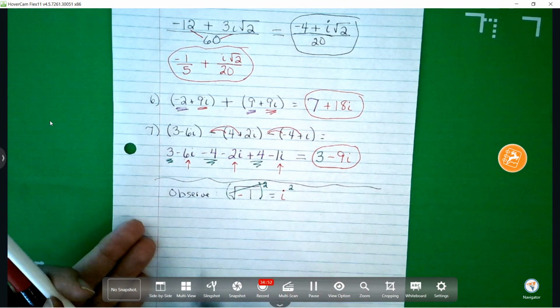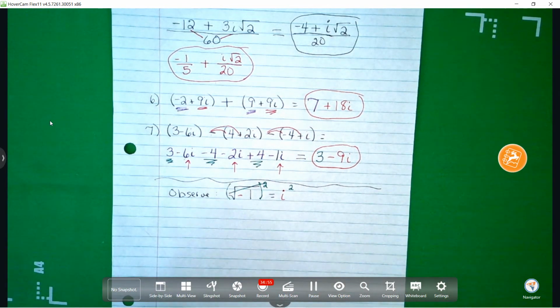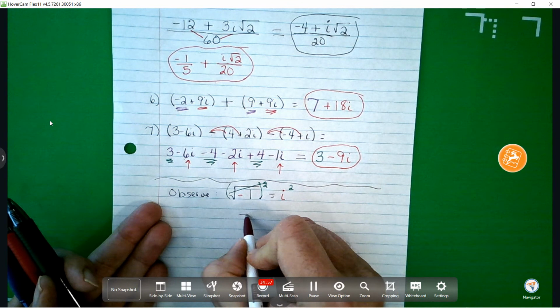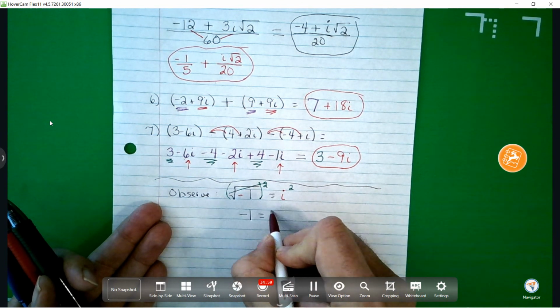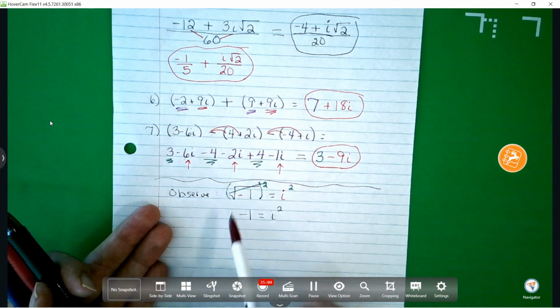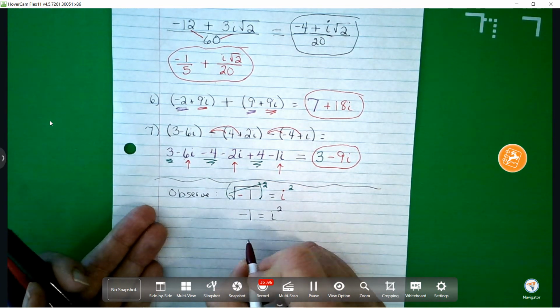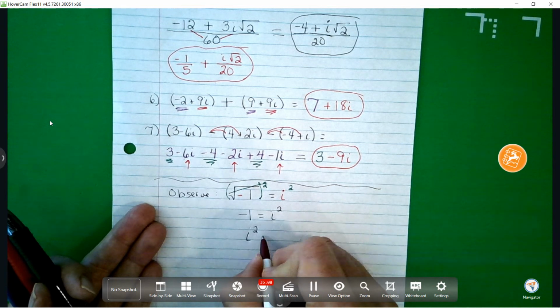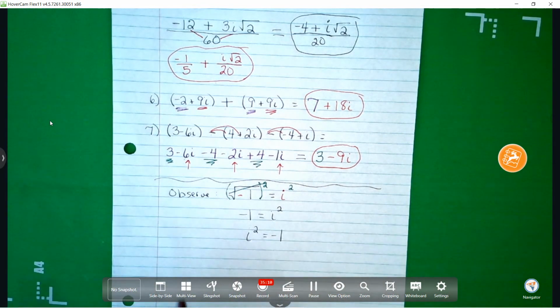Then I would have just a negative 1 equals i squared. Now let me reverse the order here. Let me write it like this. i squared equals negative 1.